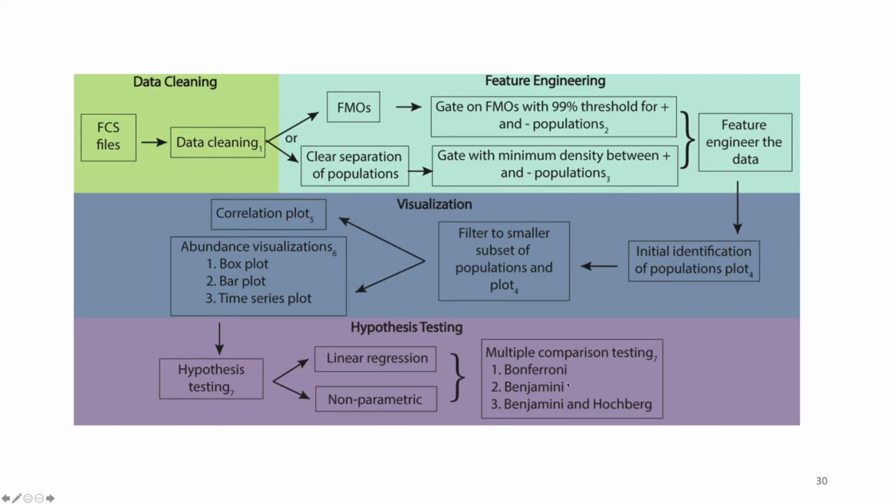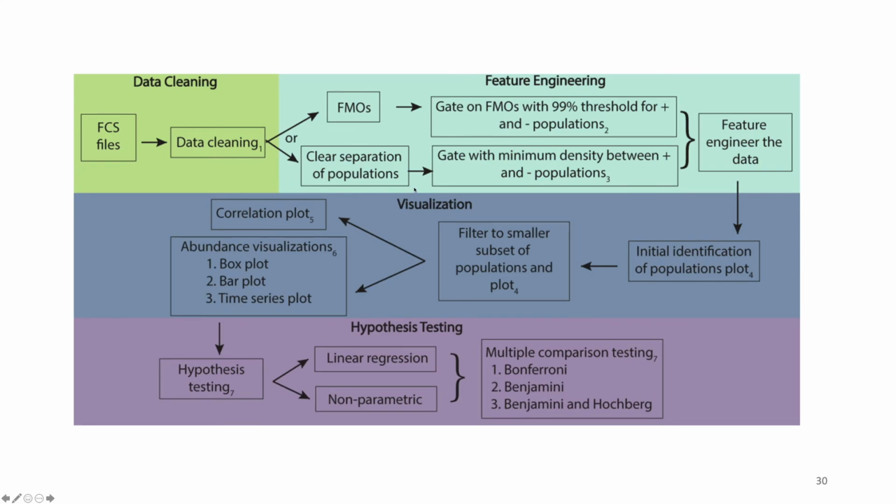For a little bit of additional information, we have a route map that details the workflow of the pipeline based off of the samples acquired, and shows the visualizations and hypothesis testing of interest. So here with the data cleaning, we take in our FCS files and perform our data cleaning. We then use our FMOs with a 99th percentile threshold for positive and negative populations.